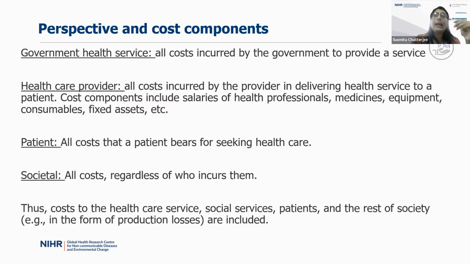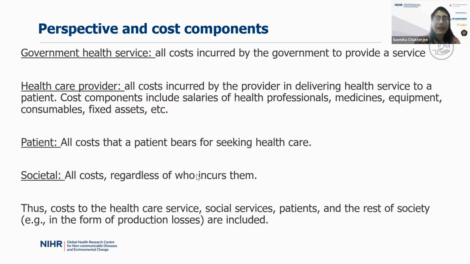If the child is not vaccinated, her cognitive development may be less, and she will not perform well in her education. That's the societal. If you try to consider that cost, it is much broader than just thinking about how much I spend, how much the provider spent, etc. Isn't it? So that's the societal.